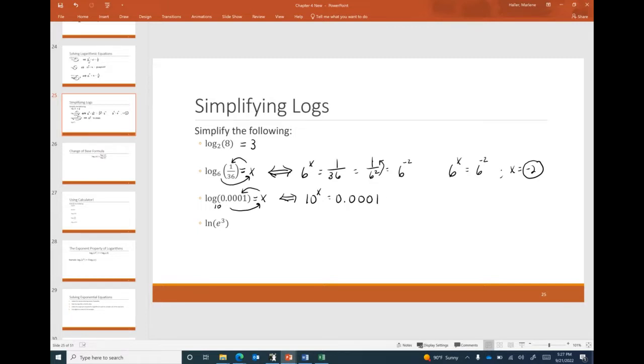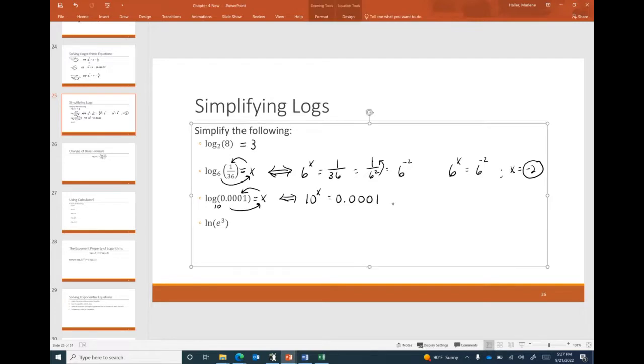0.0001? Well, 0.0001 is like 1 over, let's see, 1, 2, 3, 4. There's 4 decimal places, right? That's kind of like 1 over 10 to the fourth power, right? 1, 2, 3, 4, 10 to the fifth power. Yeah.